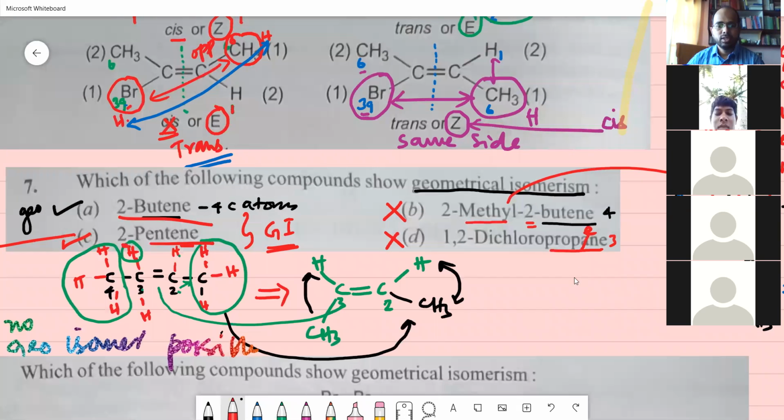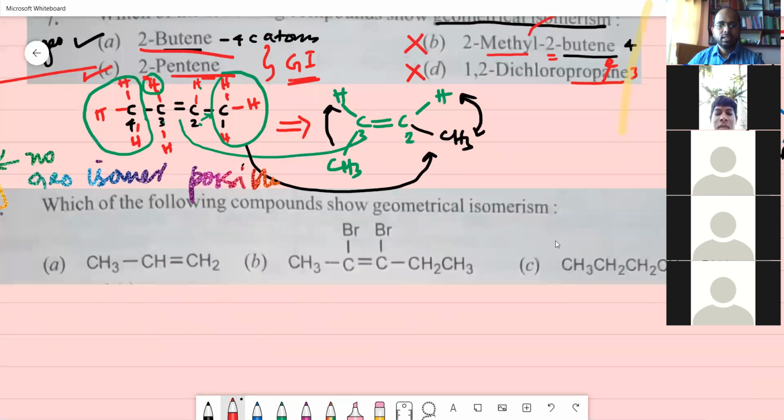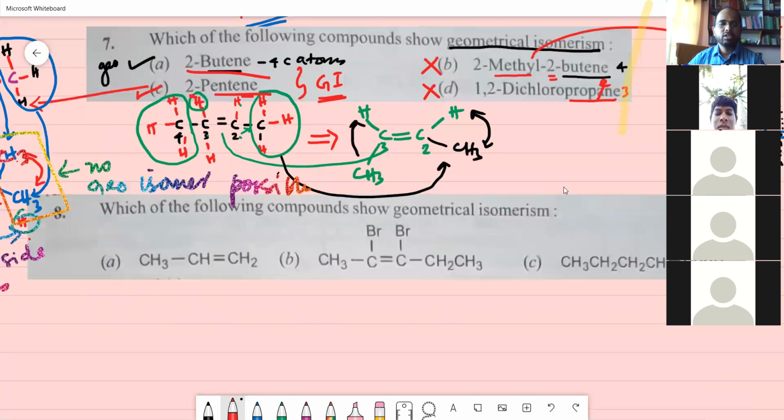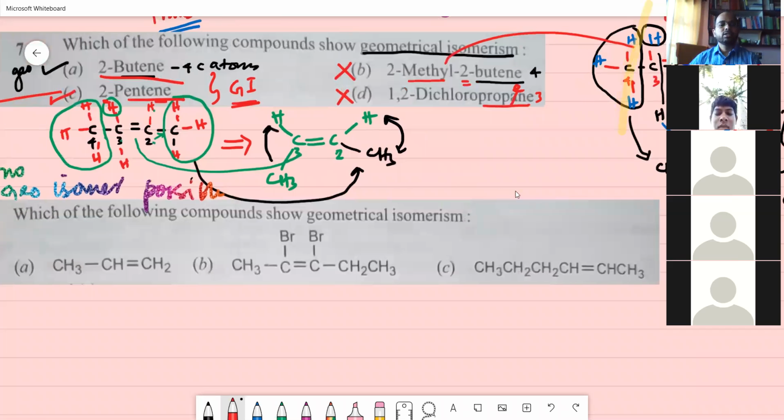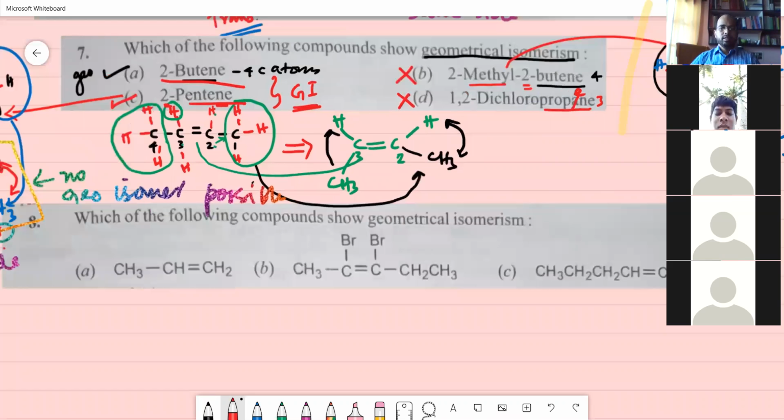Okay, so let us come to the next problem. Which of the following shows geometrical isomerism? Here, they have given the same structure, which means you have to again draw everything.